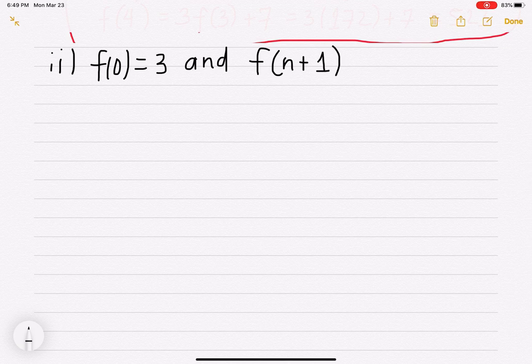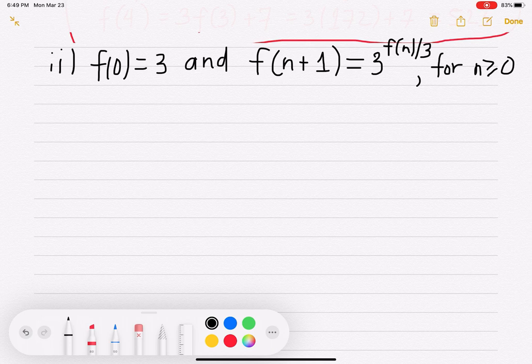The successive term is going to be 3 raised to the previous term, f of n, over 3. So that's exponentiated: 3 raised to the f of n over 3. This is for n greater than or equal to 0. So let's find the first several terms up to f of 4.